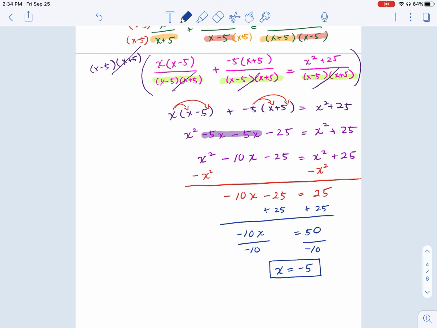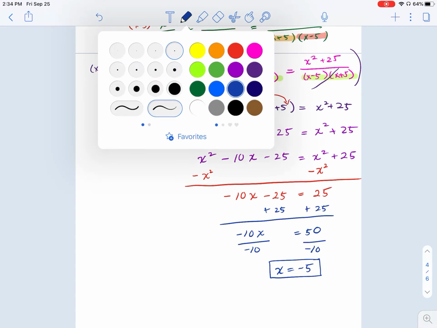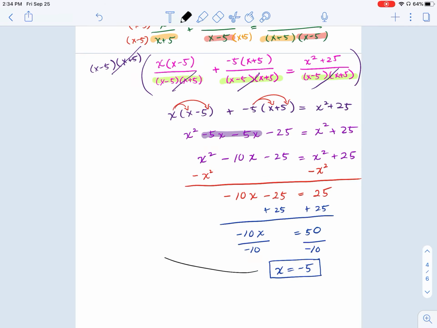So this is one of the solutions. But although we got this as a solution, we do want to note that if we go back here, I had x minus 5 and x plus 5 in the denominator. So the denominator can never equal 0 because if it equals 0, then my whole fraction becomes undefined.